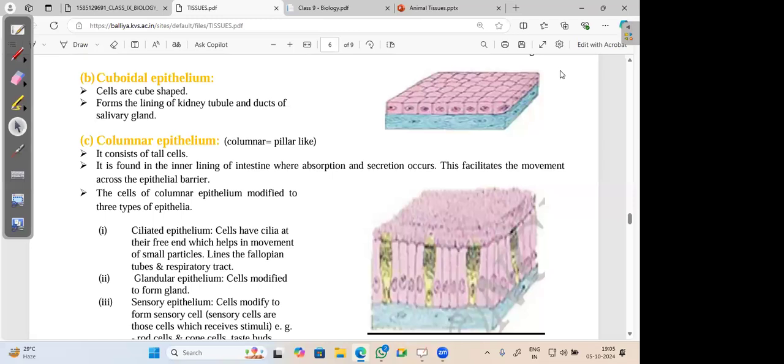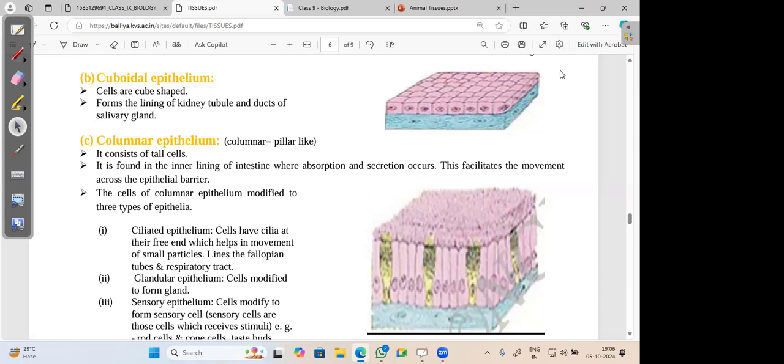Pranav, what are the different types of epithelial tissue? So, squamous epithelium, columnar epithelium, cuboidal epithelium.